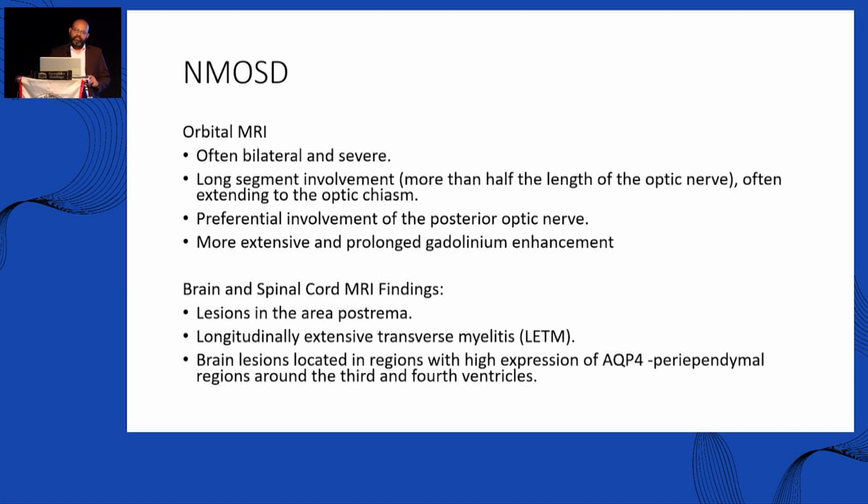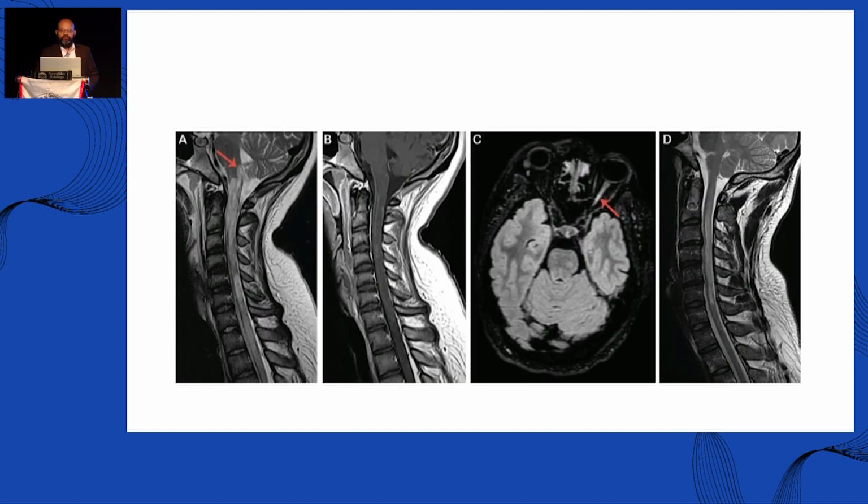They are receptor dense, and therefore the antibodies go and basically attach to these particular areas. So this is what is typical for an NMOSD, where we look at the myelitis. And now you can see on the first image, there's also involvement of the brainstem, or the area postrema of the brainstem. So these are typical images.